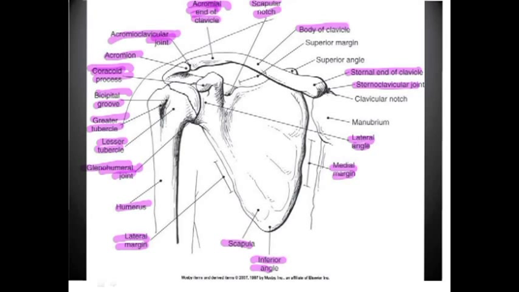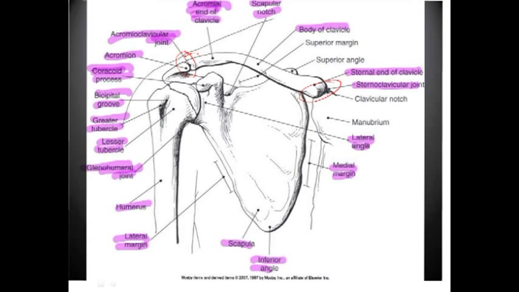Okay, that brings us to this image, which, for simplistic purposes, is a drawing of the shoulder girdle. First we have the clavicle, the sternoclavicular joint here and the acromioclavicular joint there.